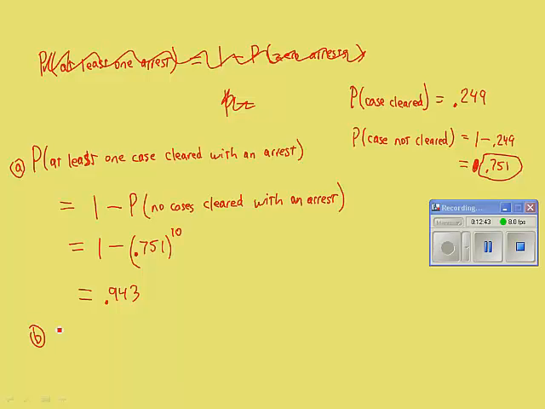Part B says, what's the probability of the detective clearing all cases with arrest? So, all 10 cases cleared. Can you guys tell me what that would be? You're going to take that 0.249 to the 10th power.